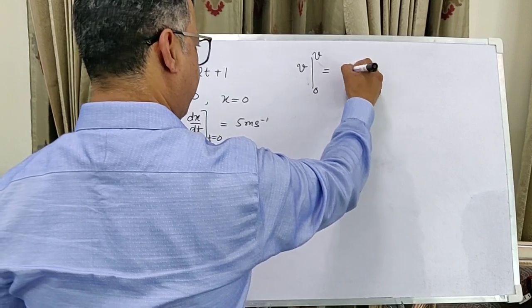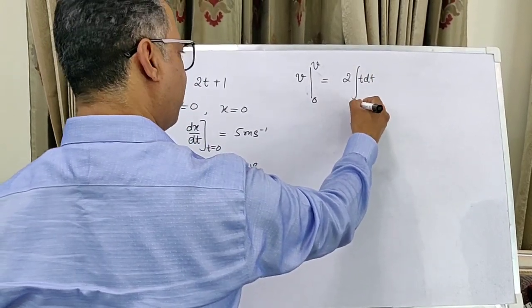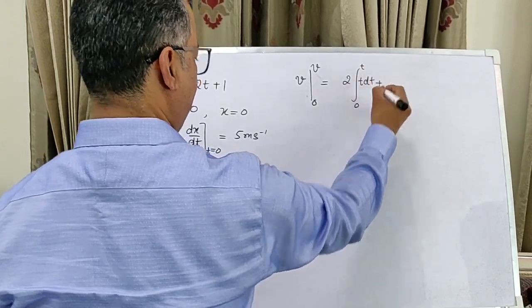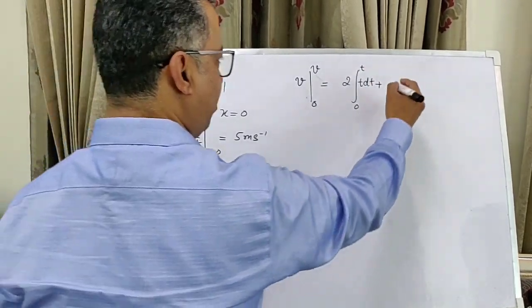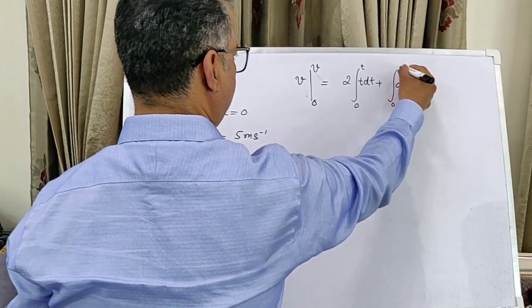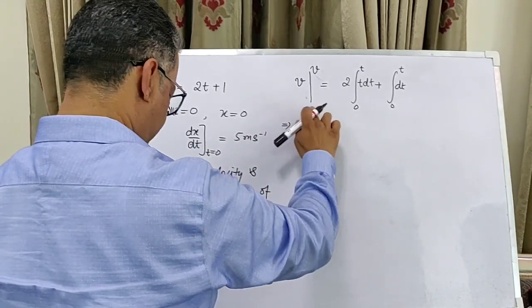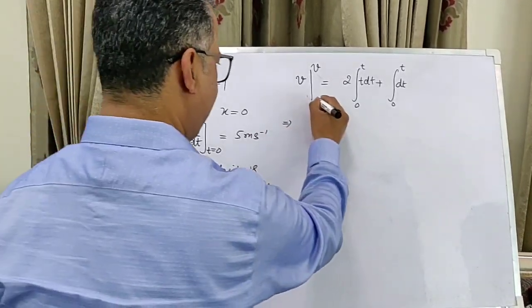The integral becomes 2 into t dt integrated from 0 to t, plus 1 into dt integrated from 0 to t. Now initial velocity wasn't 0, it was 5.